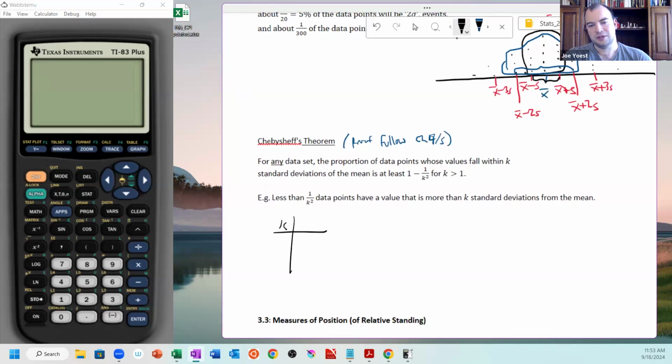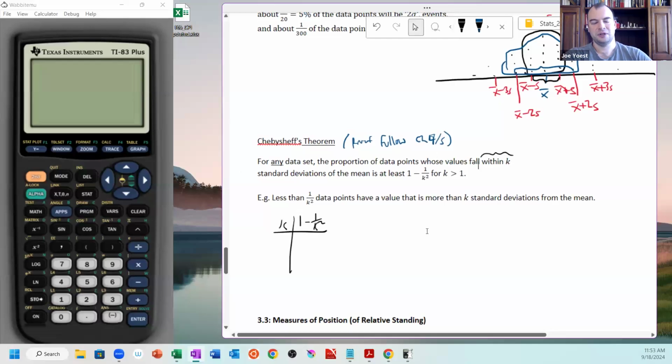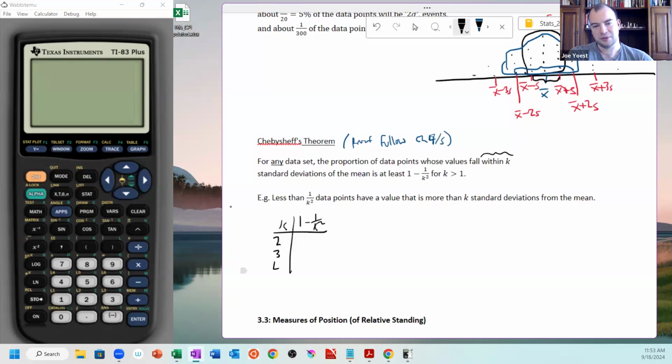So let's look at some different values for k, and then let's look at 1 minus 1 over k squared, the proportion of data points that fall within k standard deviations of the mean. So we'll pick, let's say, k equals 2, 3, and 4. For k equals 2, 1 minus 1 over 2 squared, that's 1 minus 1 over 4, that is 75%.